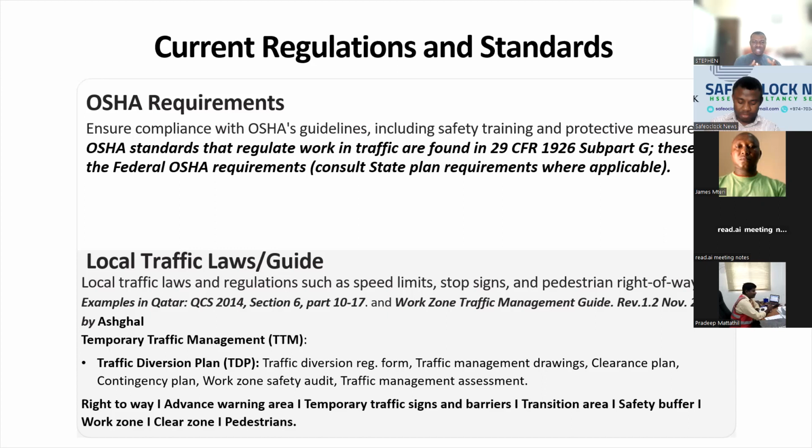If you go to Section 6, Part 10 to 17, you see information or guidance regulating traffic in general road work in Qatar. Okay, and we also have a guidance document on work zone traffic management issued by ASGA. There's a recent revision of this guidance document, 1.2, which was updated in November 2015 by ASGA.